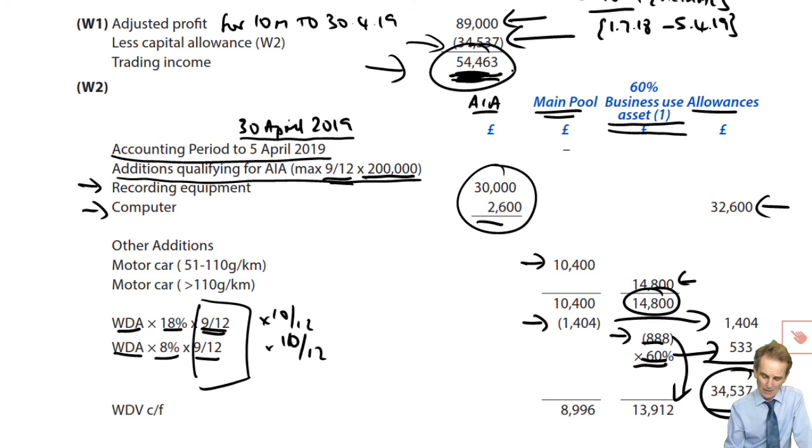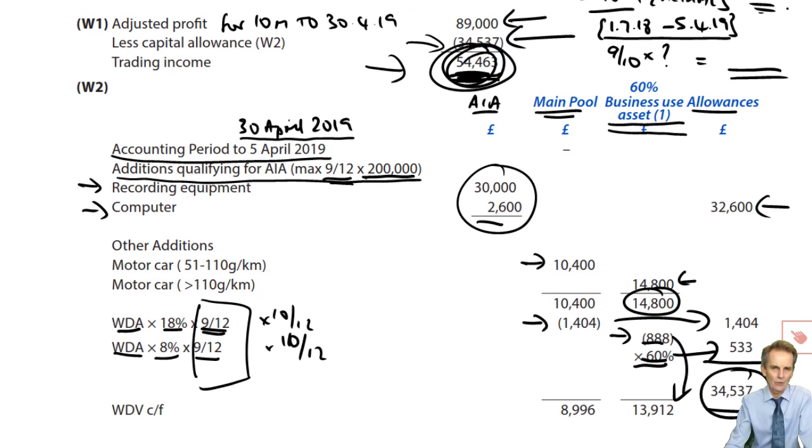Therefore, that 10-month period, how much of that would we want? That basis period, we would want 9 of those 10 months, well, it won't be that number there, but it would be times whatever that figure was. That would be the assessment, if you remember what we were doing in the first few lectures of this particular chapter.